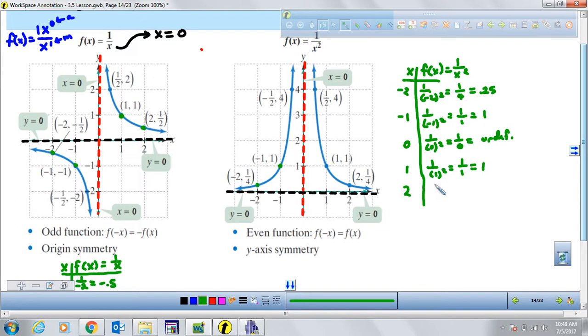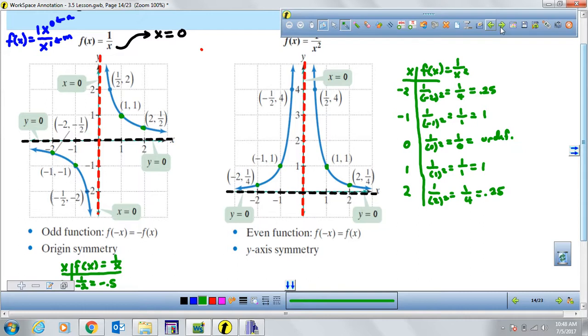The next one, when x is 2, 1 over 2 squared, it's going to be 1 over 4, and 1 over 4 is 0.25. So when x is equal to 2, y is 0.25. So once again, you see that when the graph gets close to the horizontal asymptote, it slants horizontally to the right, and when it gets close to the vertical asymptote, it slants vertically upward.